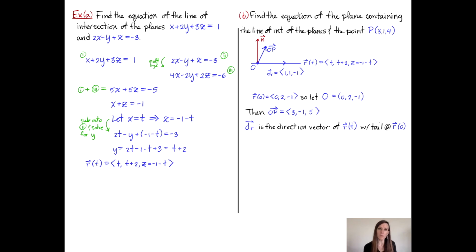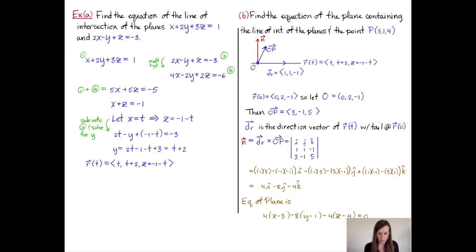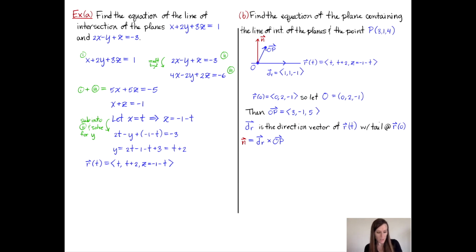And we know algebraically that the normal vector is the cross product of dr and OP. And since I drew my vector pointing up and I want to follow the right-hand rule, I will do dr first, so dr cross OP. For finding that cross product, I like using the determinant method, but you are certainly welcome to use the basket weave cross-hatching method if you prefer.